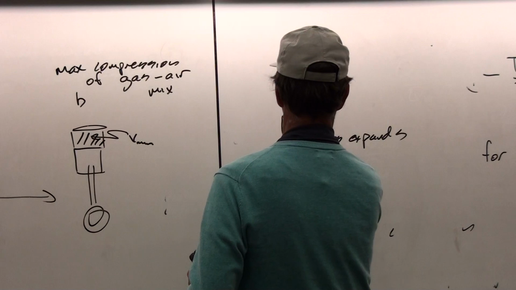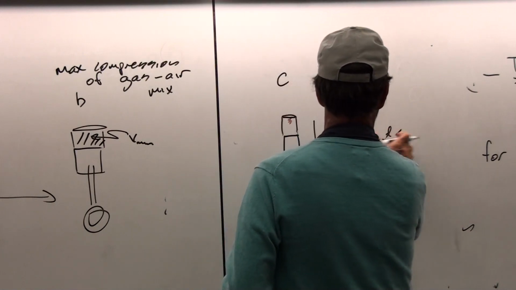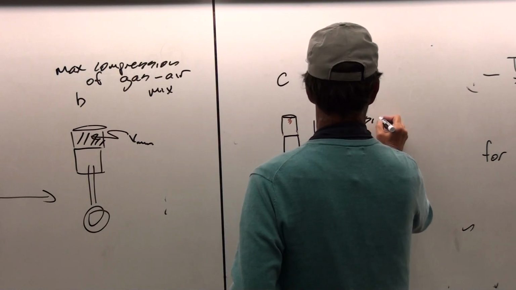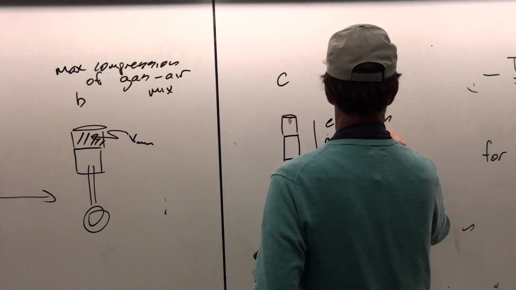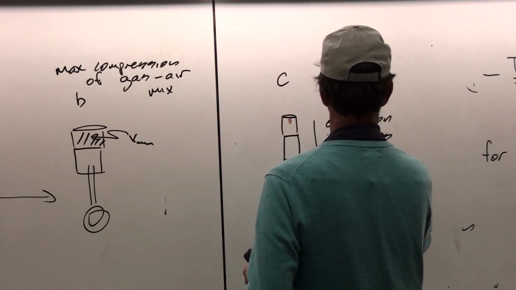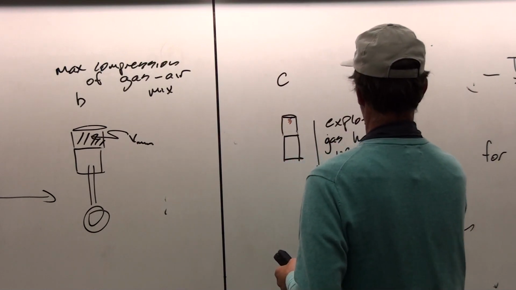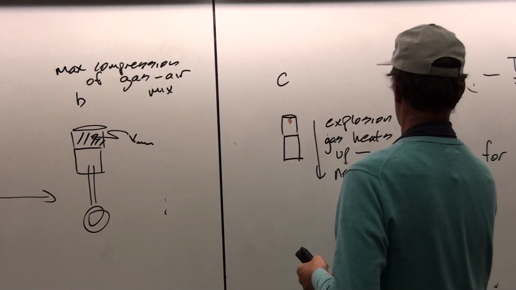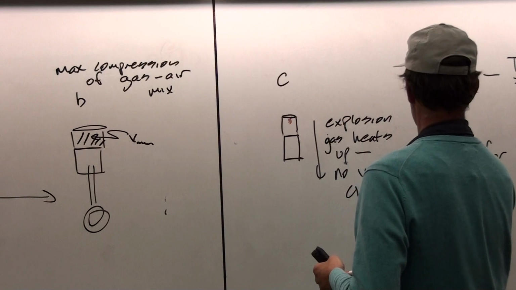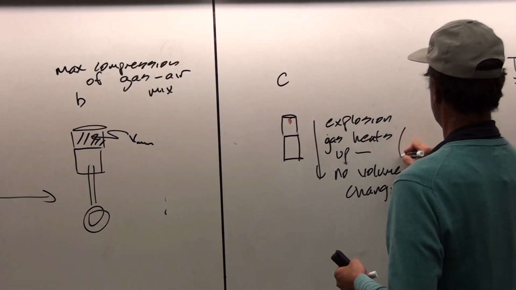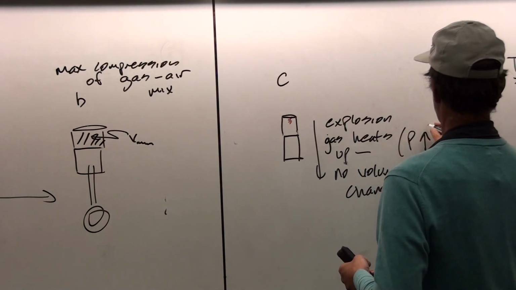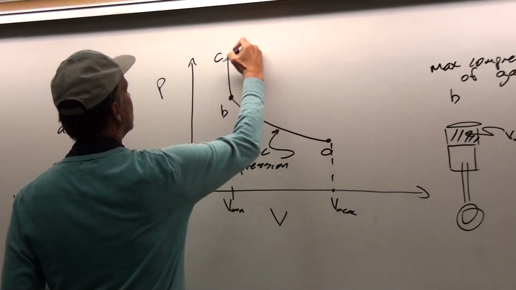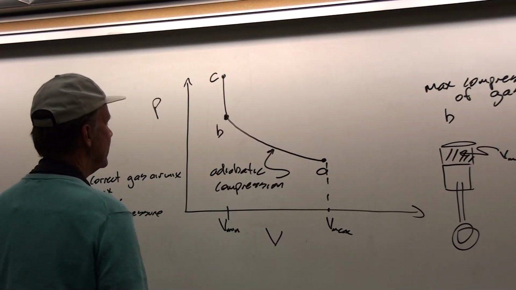The gas heats up. So we get an explosion. The gas heats up, but no volume change. So in other words, it's heating up, and that's caused the pressure to rise. So that's what's happened here. The pressure has gone way up because the gas is hotter, but it's at the same volume.